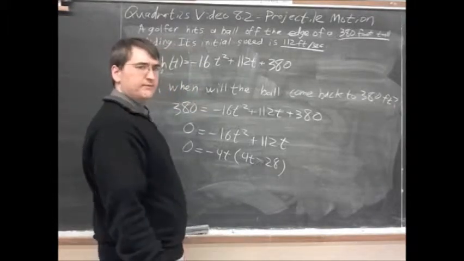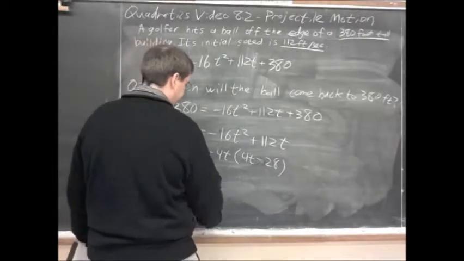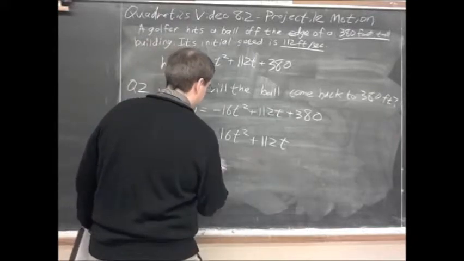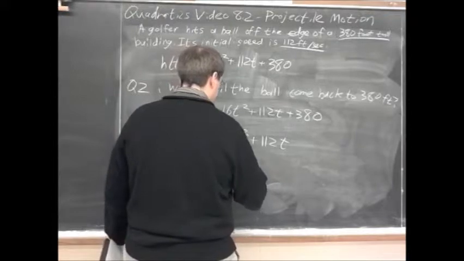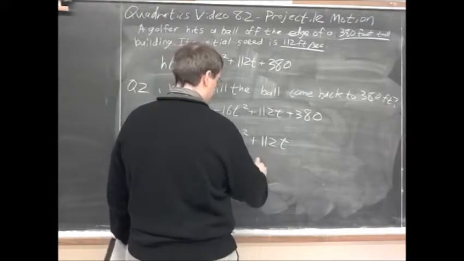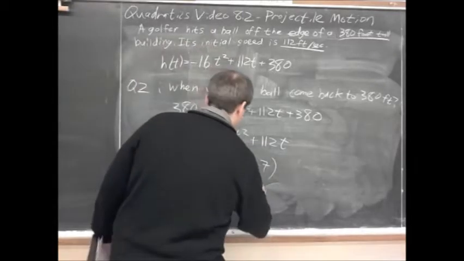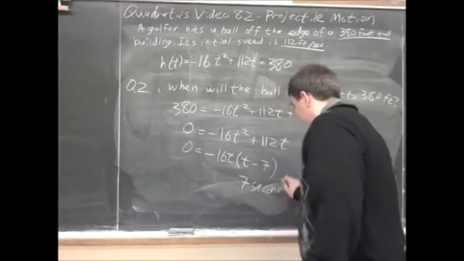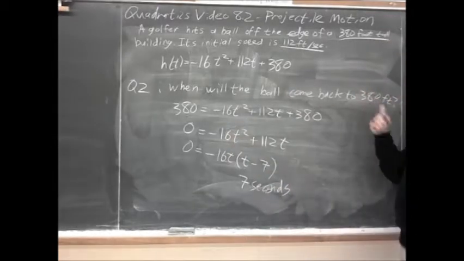But 4 isn't the greatest common factor, is it? No, I could take out a whole 16. Negative 16t times t minus 7. It's after 7 seconds. It'll take 7 seconds for the ball to reach that same height, 380 feet again.